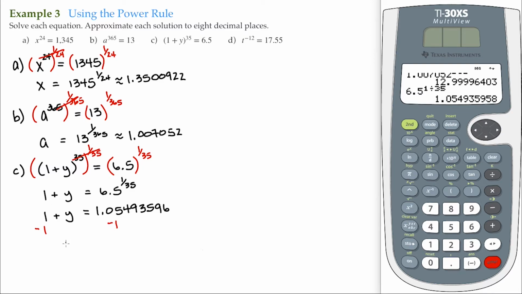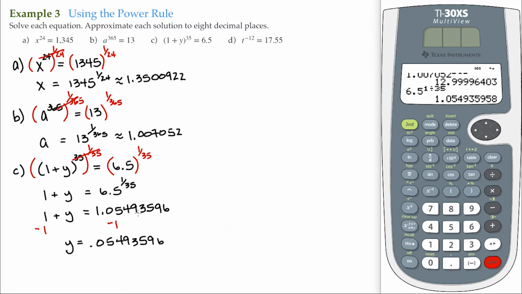Therefore, y has got to be equal to 0.05493596. We can check that. If I take 0.05493596, plug it in right here, and add 1, that gives me 1.05493596.